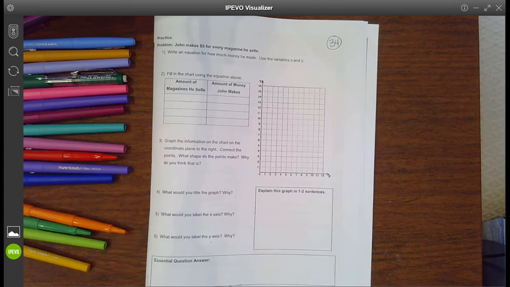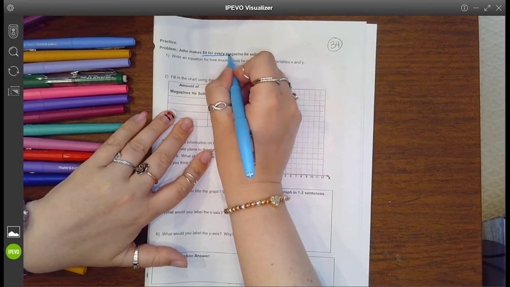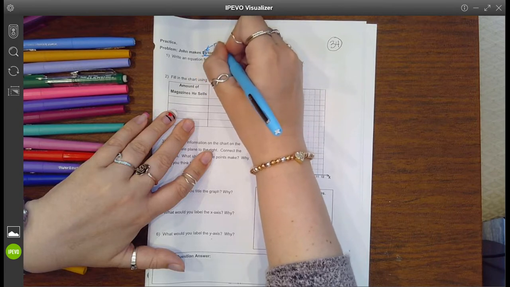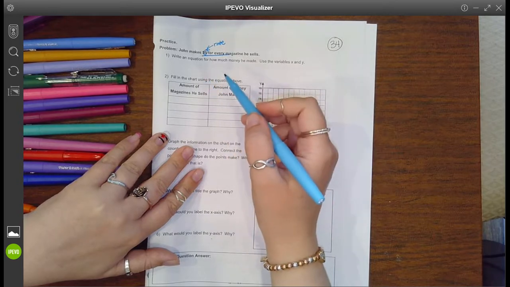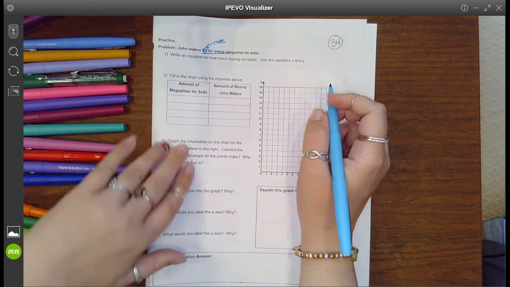So you already tried it, right? The problem says John makes $5 for every magazine that he sells. So that right there is my rate. Write an equation for how much money he made. Use the variables x and y.